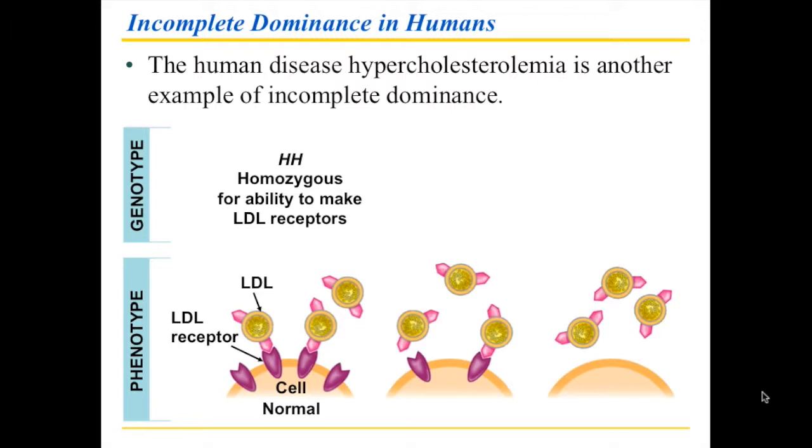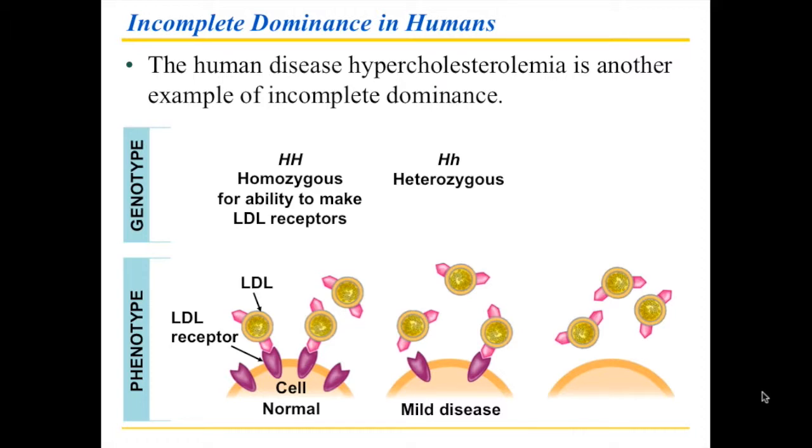So the normal cell exists in individuals that are homozygous dominant for the gene that makes LDL receptors. So this is the normal condition. If you look at the heterozygous individual, the heterozygous individual only has one functioning allele, the big H. That is the one that makes this LDL receptor, whereas the little h doesn't.